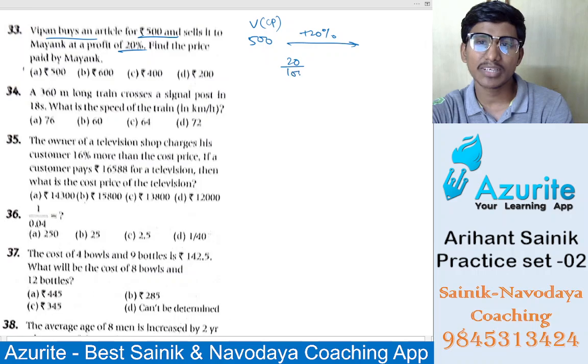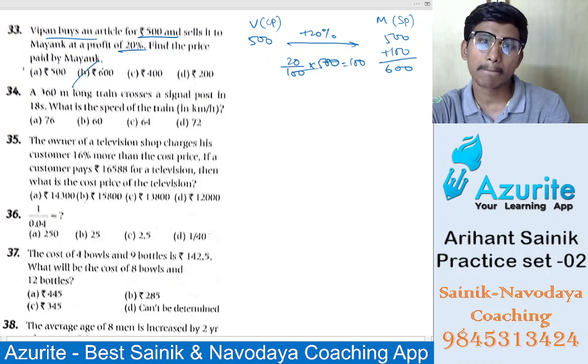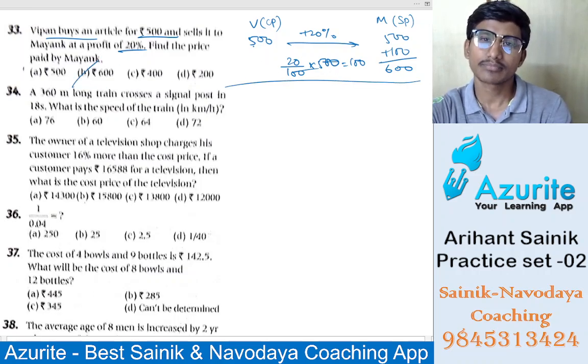So 20 divided by 100 into 500. So 2 zeros cancel, 2 5s are 10, so 100 rupees is the profit. Selling price will be cost price plus profit. That is 500 plus 100. It will be 600.